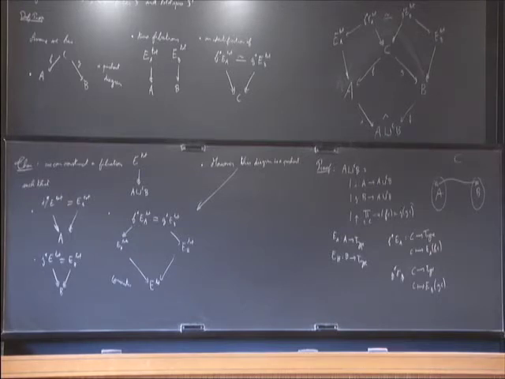So now I have an identification, an equivalence between f star EA and g star EB. So what is an equivalence between two fibrations? It's a fiber-wise equivalence.